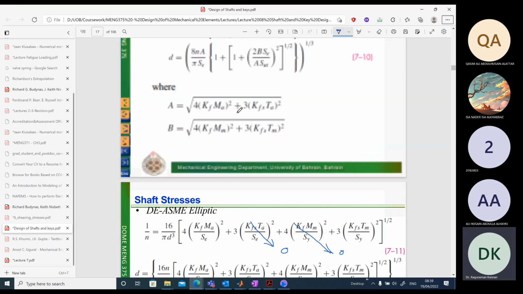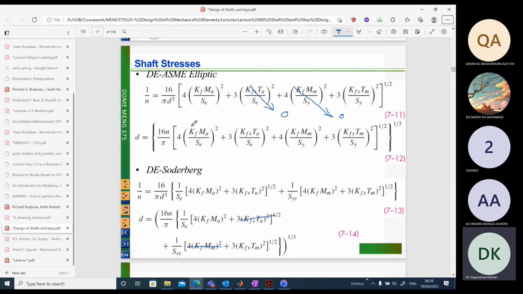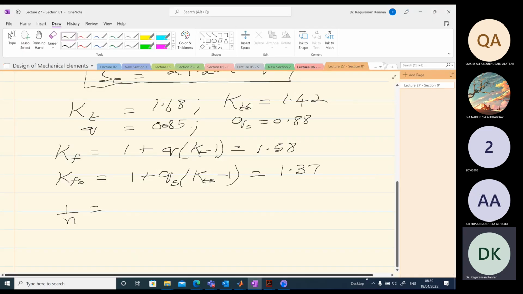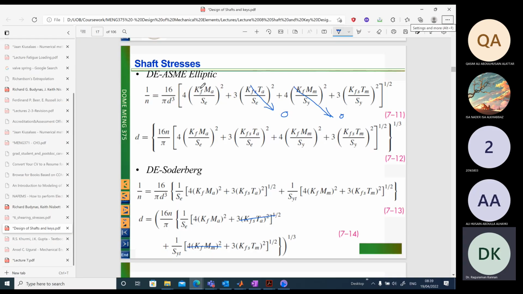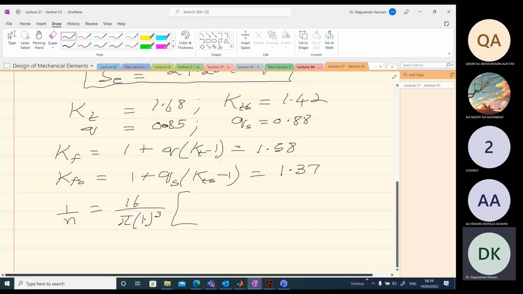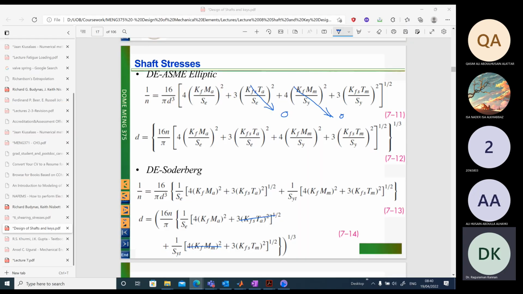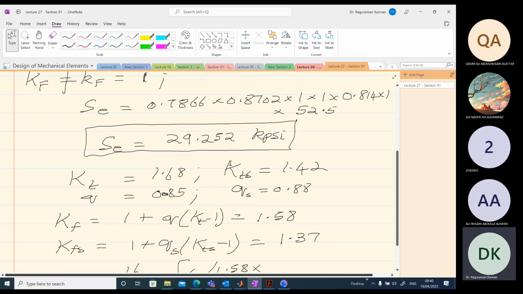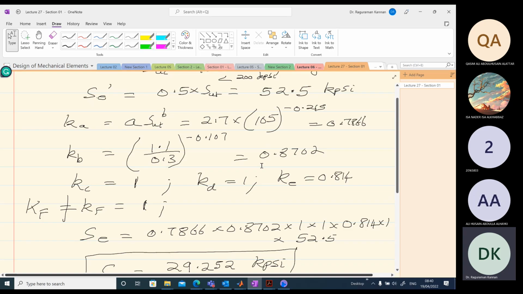Let's go to ASME elliptic here, 16 over pi d cube. We have the d value 1.1, smaller value, 4 times Kf value was 1.58 times Ma over Se. Okay, what is Ma in our given problem?